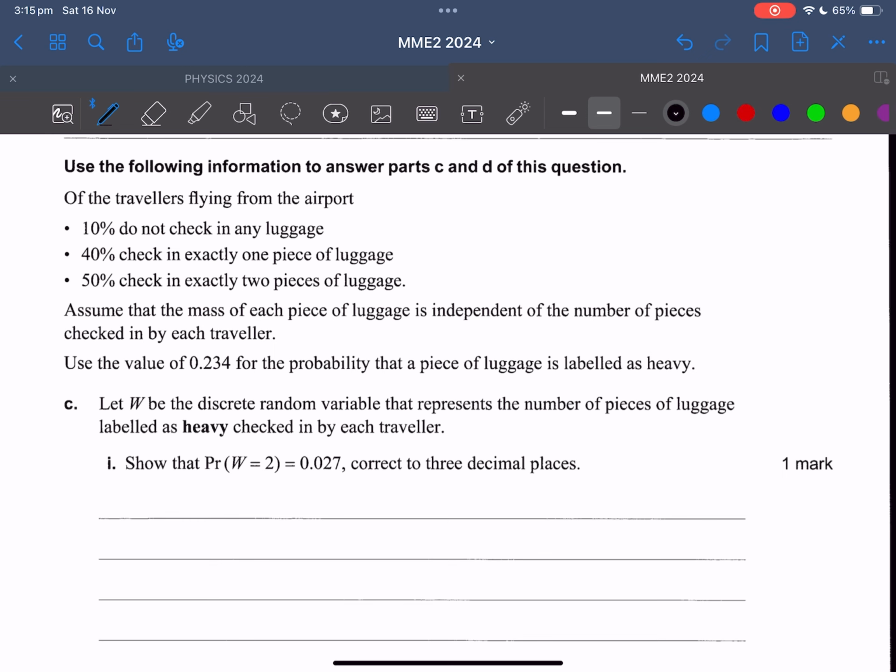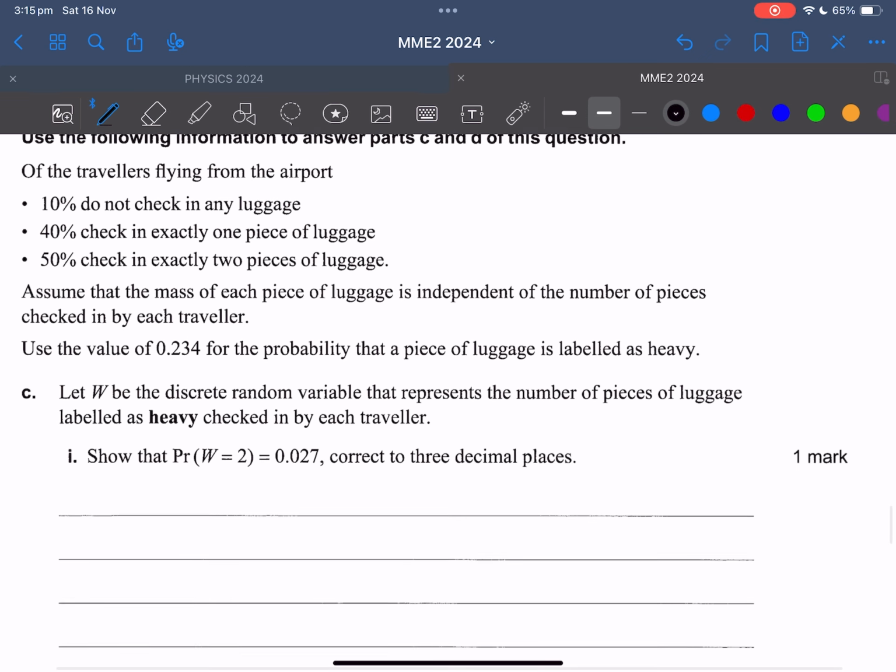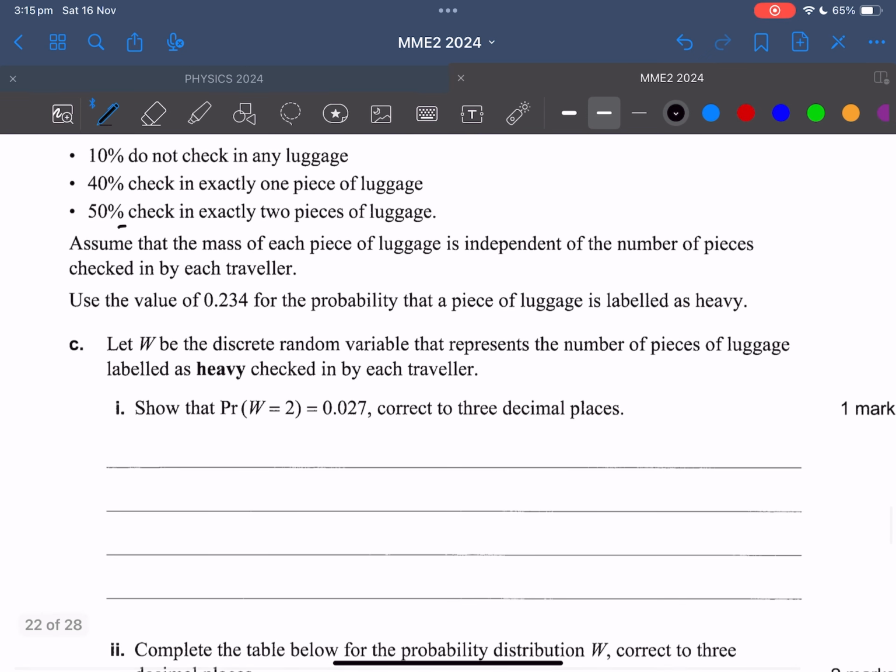Okay, so 50% check exactly 2 pieces of luggage. And we will show that, okay, so it will be, because only 50% of the people actually carry 2 pieces of luggage, so we will do 0.5 times the probability of success, so 0.234 squared.